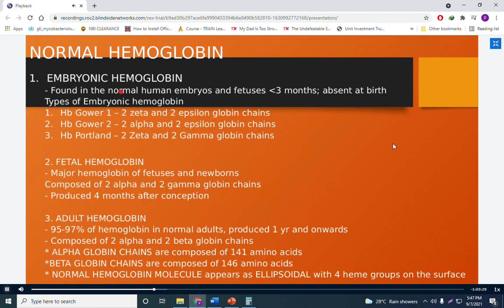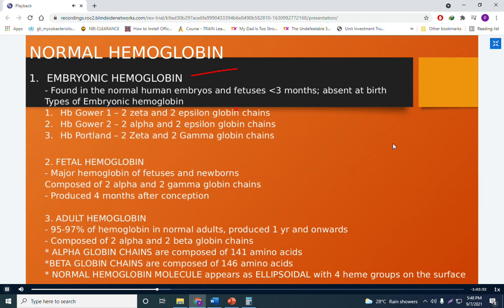Next, let's go to your normal hemoglobin, class. First is your embryonic hemoglobin. Quick recap: at what stage of hematopoiesis do you find your embryonic hemoglobin? At what stage is your embryonic hemoglobin produced? There are three stages, right?